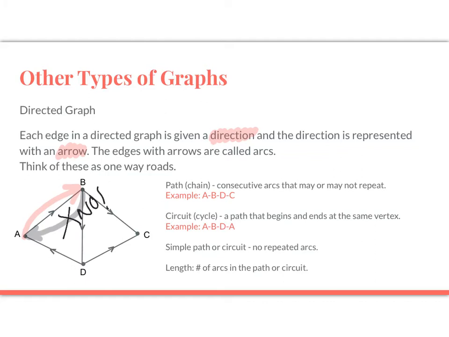If I wanted to find a path to get from A to D, I can only go from A, B, D. There is no other way, because if you look at the way the directions are, I cannot try to go from A to B to C and then, oh no, I can't do that. So that is what a directed graph is. You must follow the arrow direction.